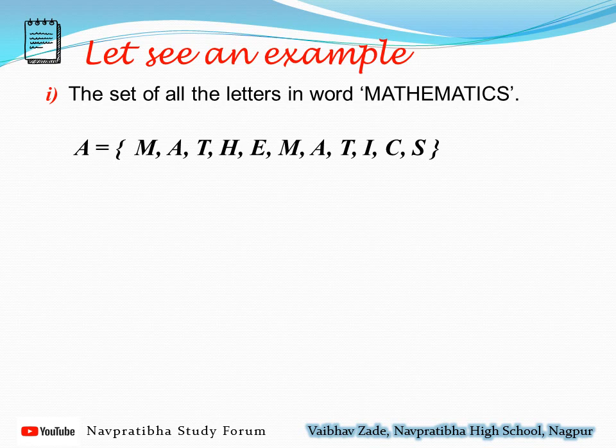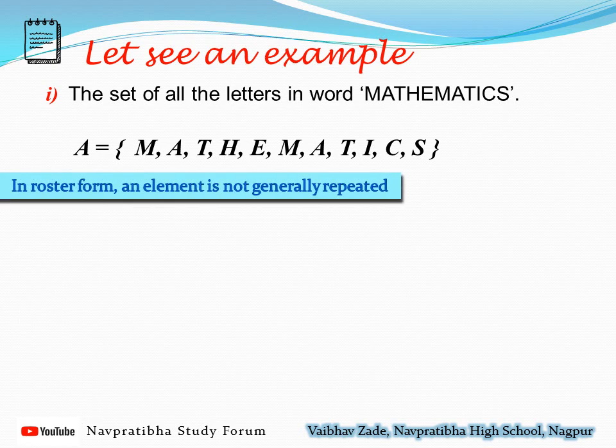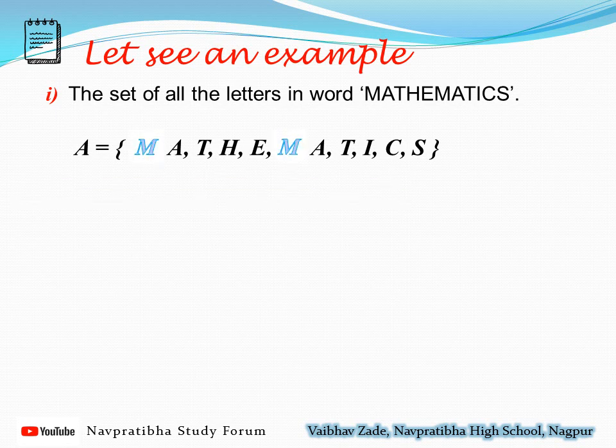In our previous video we saw the rules of writing a set. In the roster form, an element is not generally repeated. We should not repeat the elements. We write each only once, even if it is repeated two or three times. So here which letters are repeated?